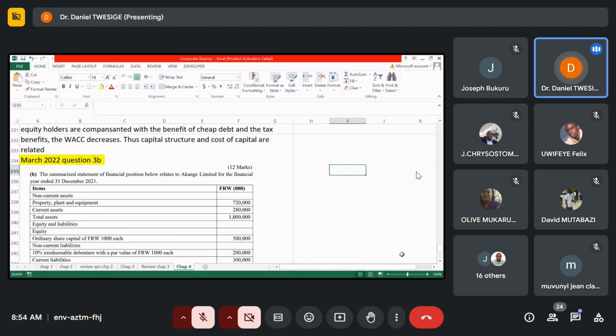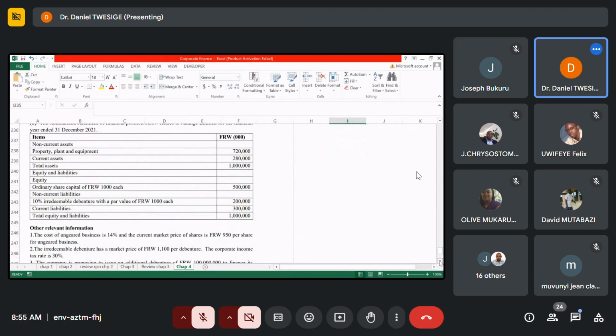So we have the PPE, we have the total asset. Then down here, the equity and liabilities, we have ordinary share capital, 500 million. The par value is 1,000. We have a 10% redeemable debenture with a par value of 1,000 is 200. We have current liabilities, which are these.